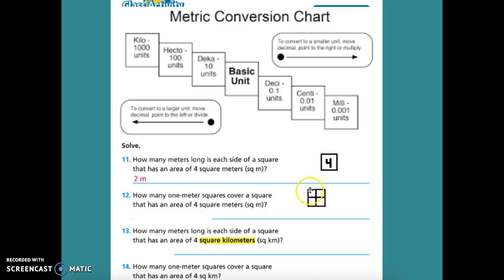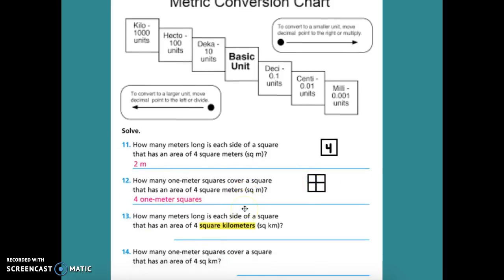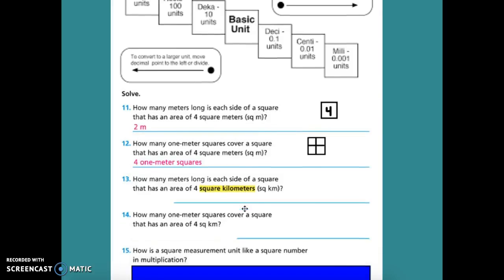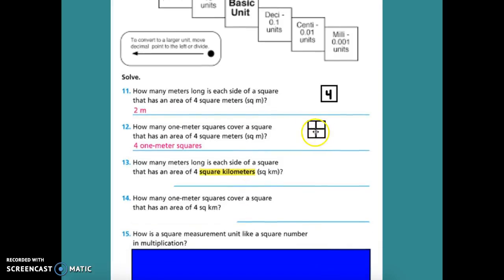I know that this is a 2 by 2. Remember, we said 2 meters, so this is 2 meters. 1, 2, 1, 2. So how many squares total do we have? We've got 4 1 meter squares. 1, 2, 3, 4 fit into that 4 square meter area.